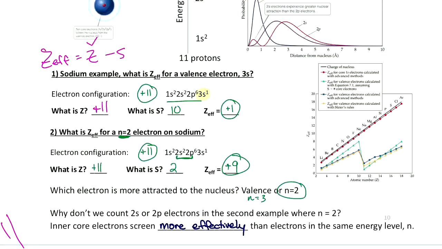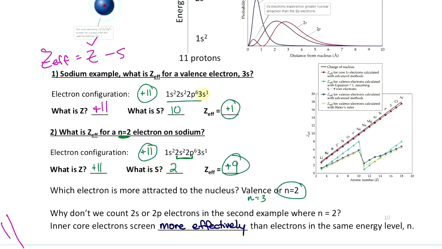If you're at a concert, sitting way in the back row, who's affecting your concert-going experience the most? The people in front of you or the people next to you? The people in front of you. So this is why we don't consider the electrons that are in the same energy level in our shielding calculation. We only care about the electrons in front of us.